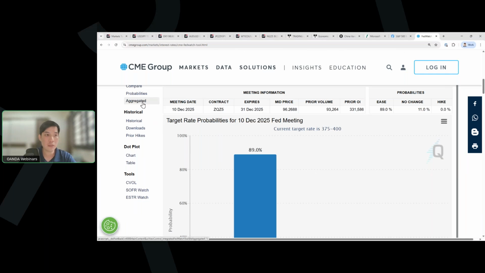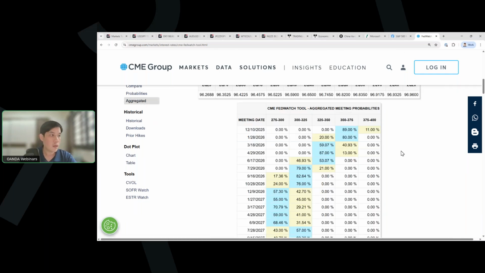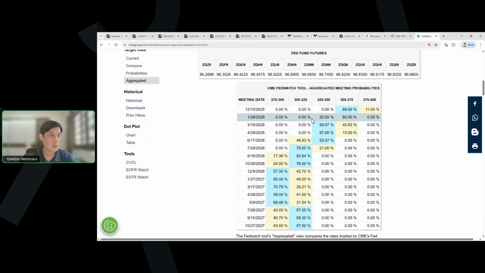And what's interesting, if you look at the aggregated tab over here, we start to see the forward-looking probability of the potential interest rate cut, pause, or hike in the next meetings in 2026. That is also being priced in by the Fed funds futures market traders, using those longer, next few months of expiry dates, not the current month.